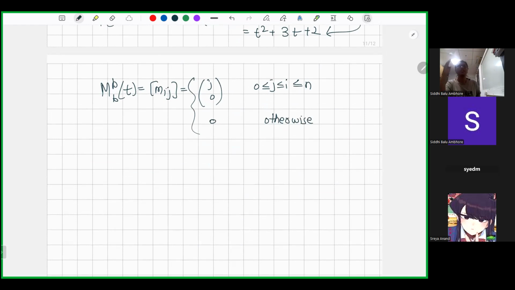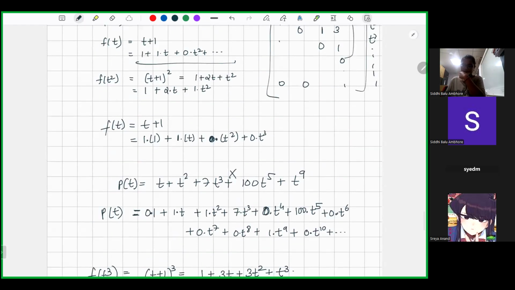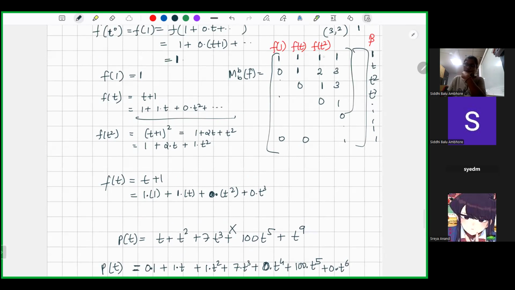When I say J less than I, it means we are talking about a lower triangular matrix or upper triangular matrix. I choose J. For 2, it is 2 choose 1.